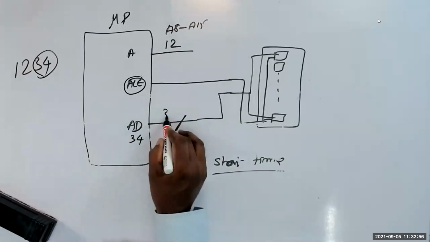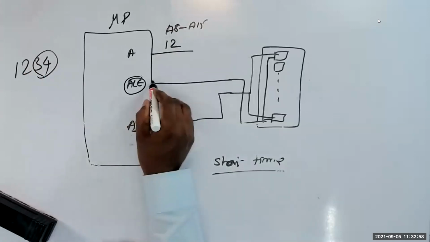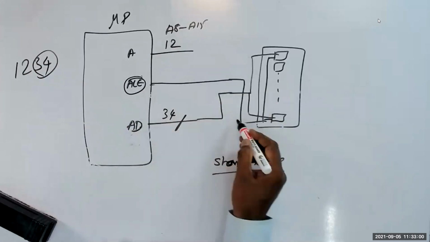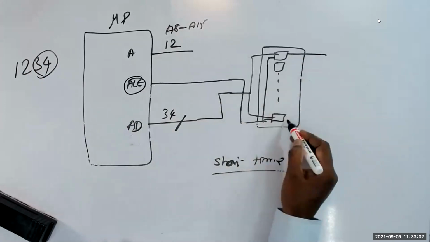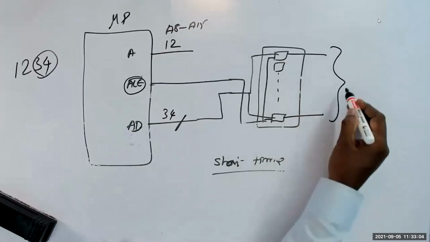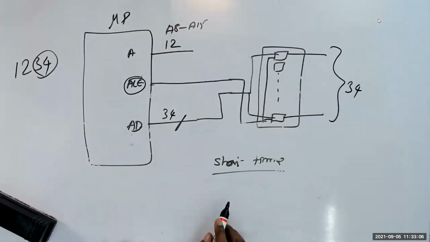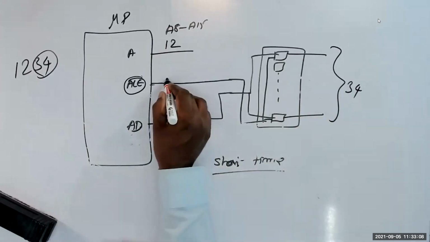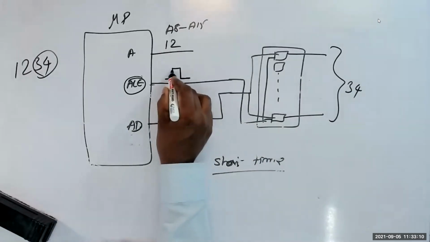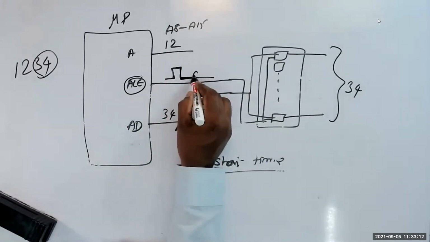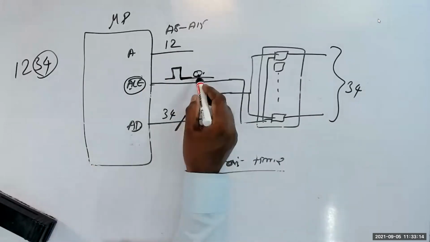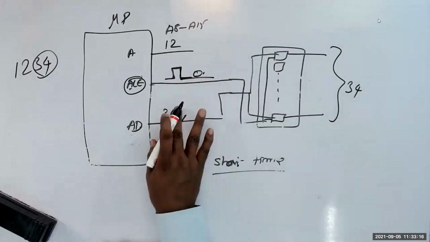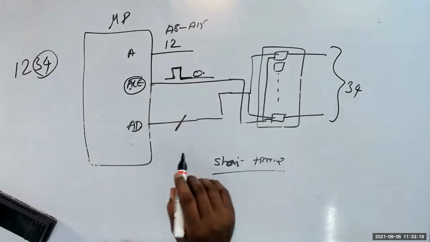So 34 comes here. Then I give ALE. When I give ALE, this 34 goes out here. But after a small time, I'll make ALE 0 once again. Since I make it 0, this 34 will be removed. But this 34 will be there.